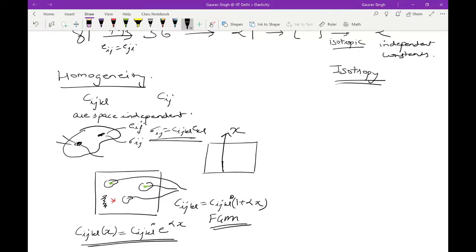The second concept is isotropy. Anisotropy is that the material response is different along different directions, and isotropy is that the material response is independent of direction. So let's consider two small examples, actually one example but two separate tests.